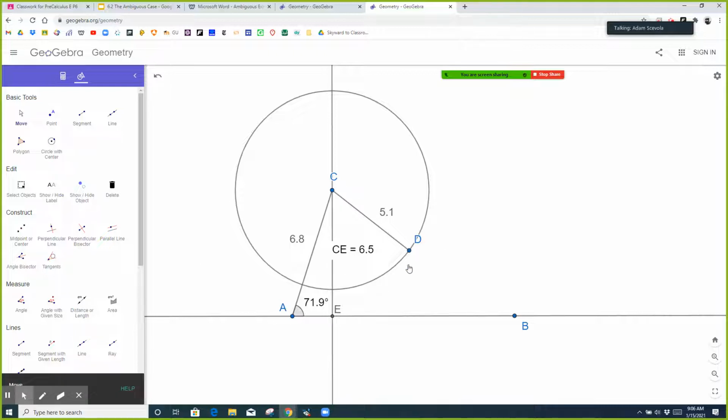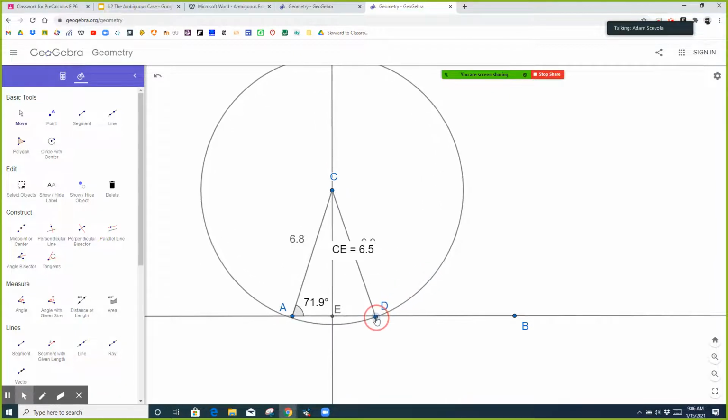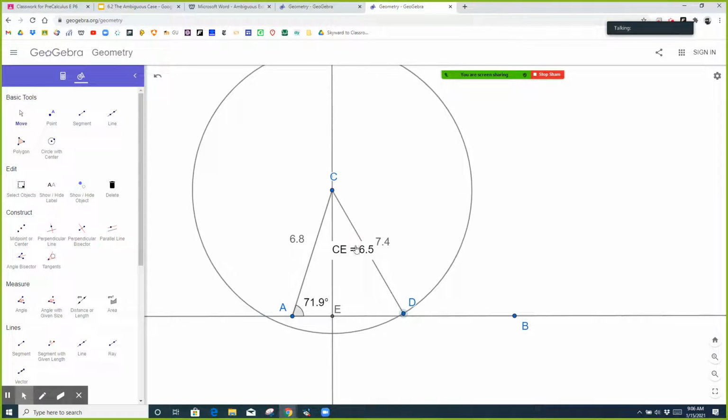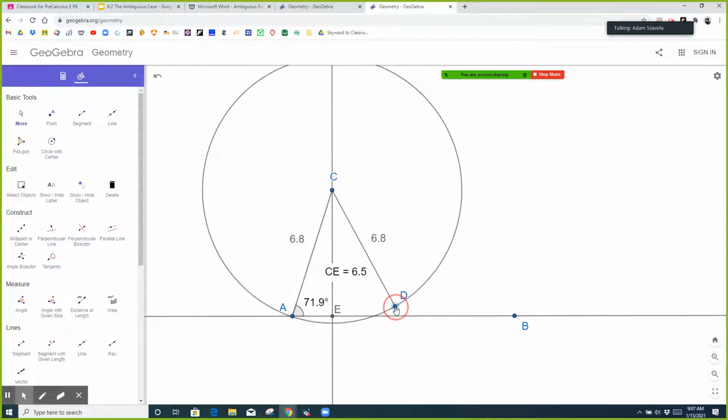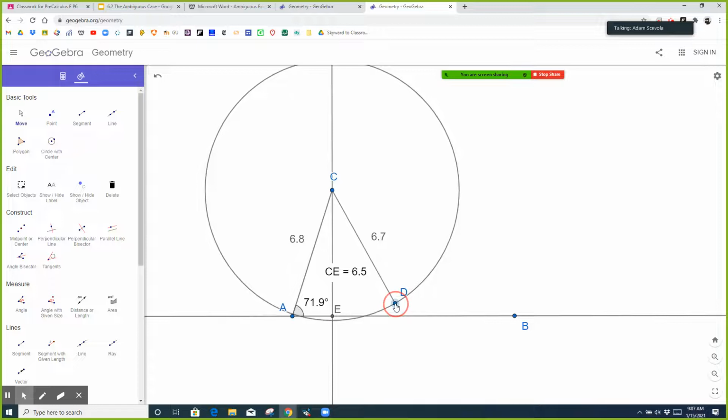Now, why is that length significant? Well, notice how when this opposite side is more than 6.8, you only make one triangle. When it's less than 6.8 but greater than 6.5, you're going to create two triangles.